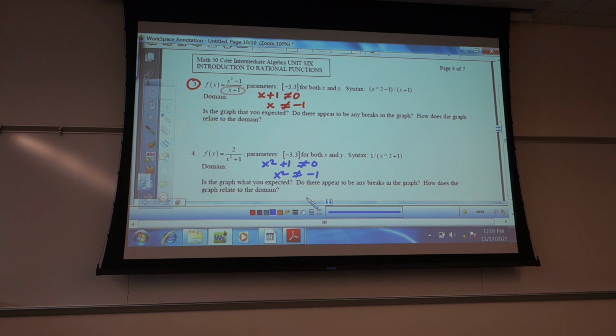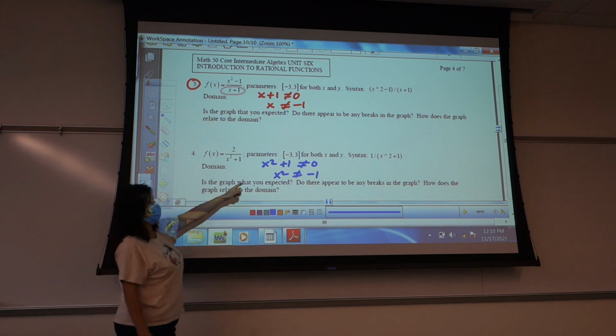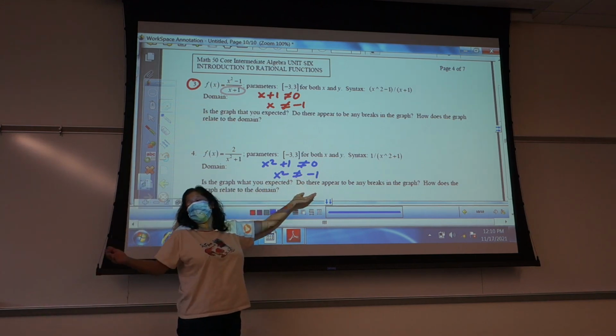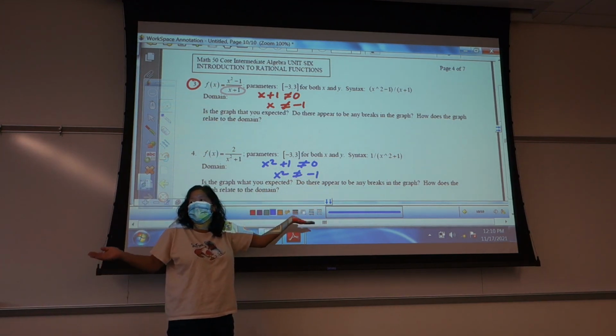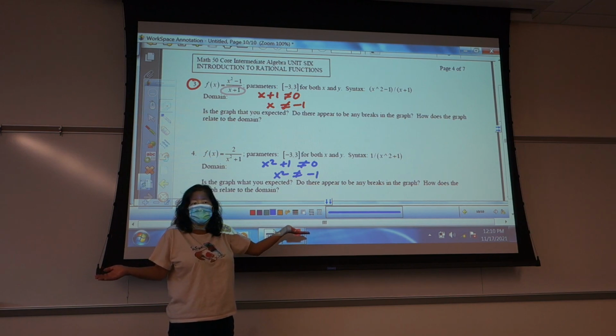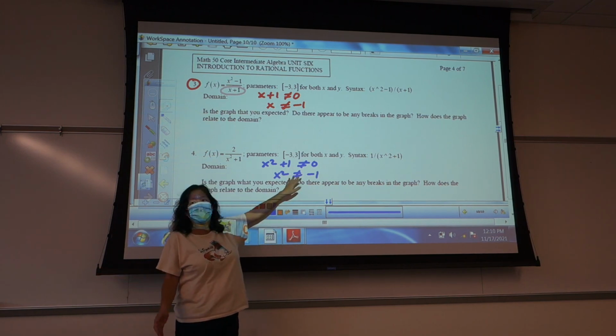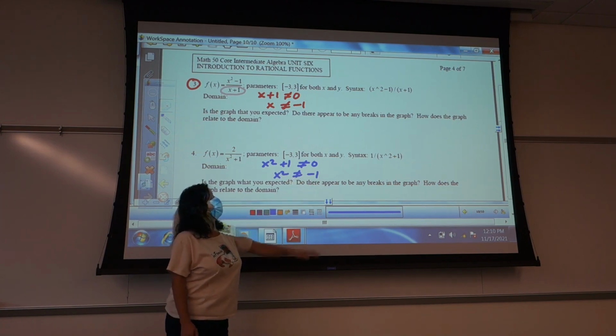We can never, ever, ever take the square root of a negative number, so we can't square root both sides. So here, when is x squared ever equal to negative 1? Never. So we're fine. There's nothing that x can't equal. Does that make sense? So we're good with this one.